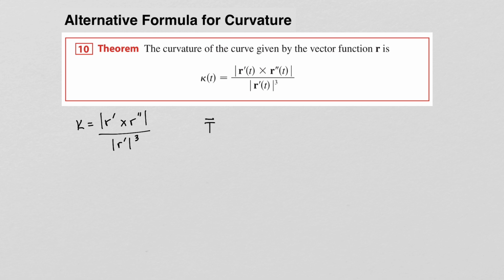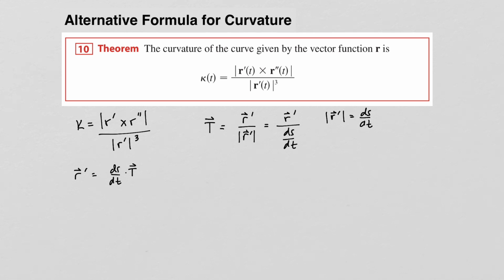Now let's think about what we know. We know that T is equal to r prime divided by the magnitude of r prime. But we also know that the magnitude of r prime is equal to ds/dt. So if I substitute this back in here, we get r prime divided by ds/dt. Or I can write this as r prime is equal to ds/dt multiplied by the unit tangent vector.